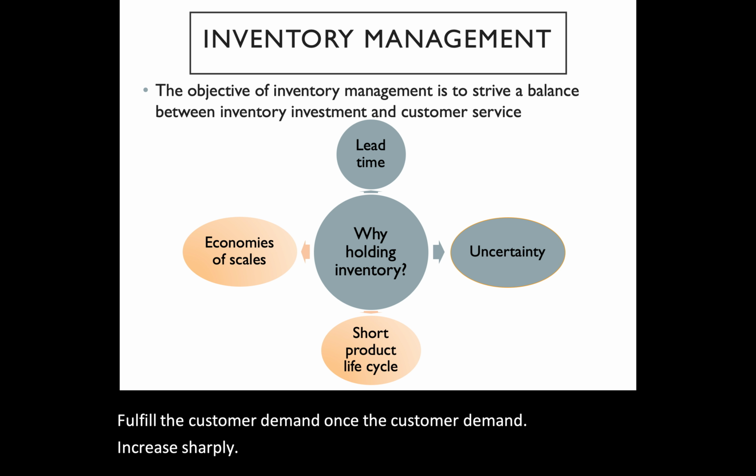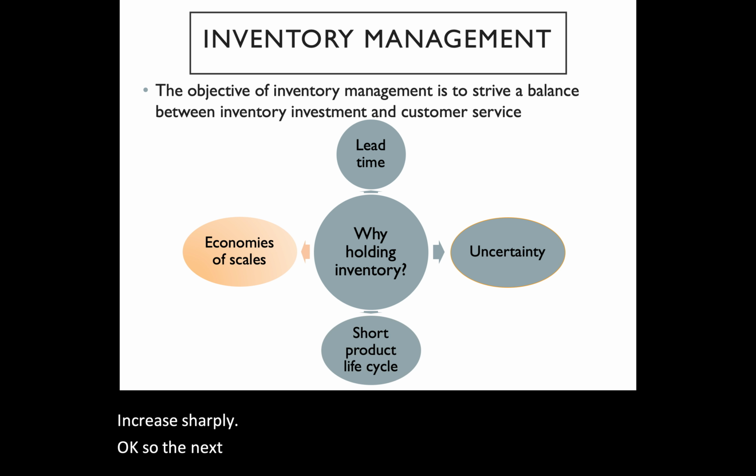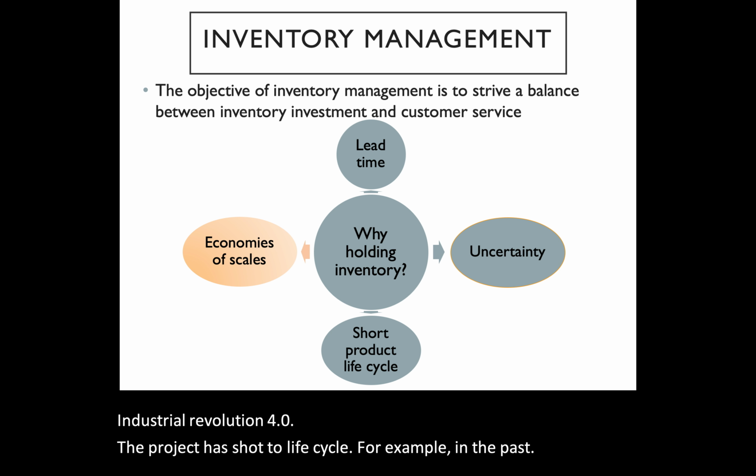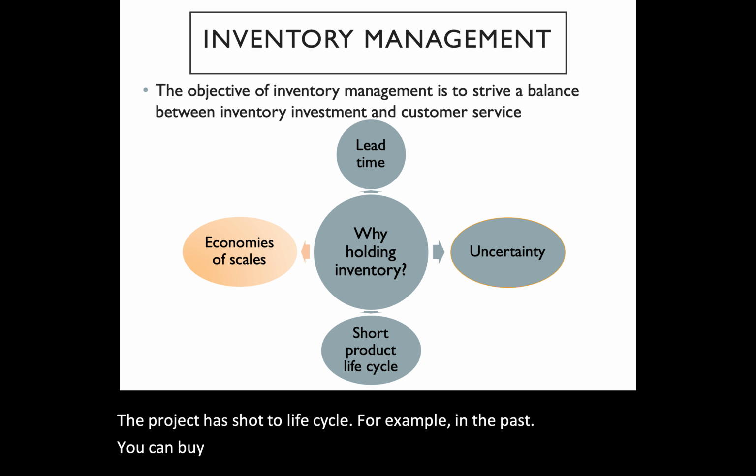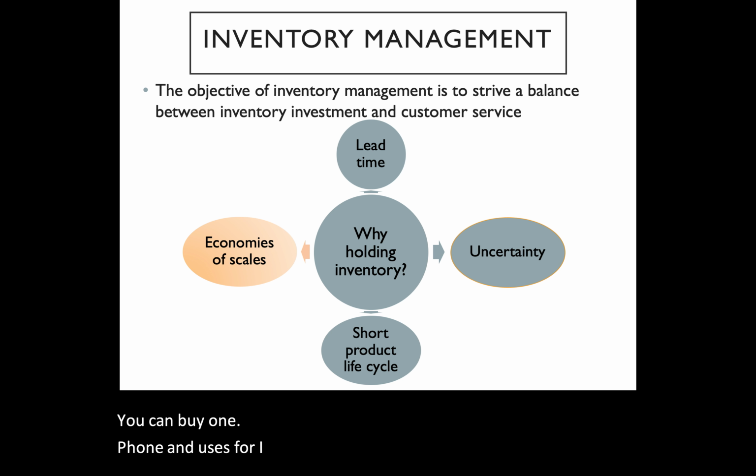Okay, so the next one, short product life cycle. As you can see, because of Industrial Revolution 4.0, all the products have shorter life cycles. For example, in the past, you could buy one Nokia and use it for 5 to 10 years.